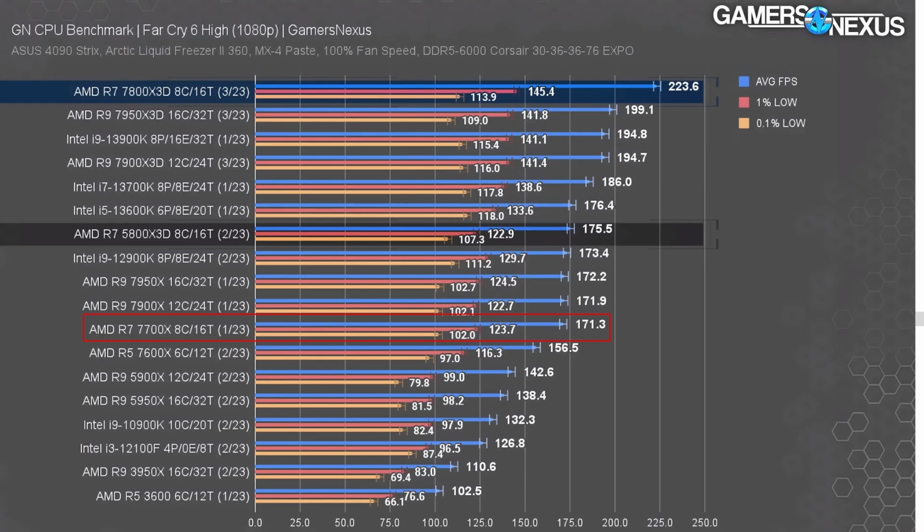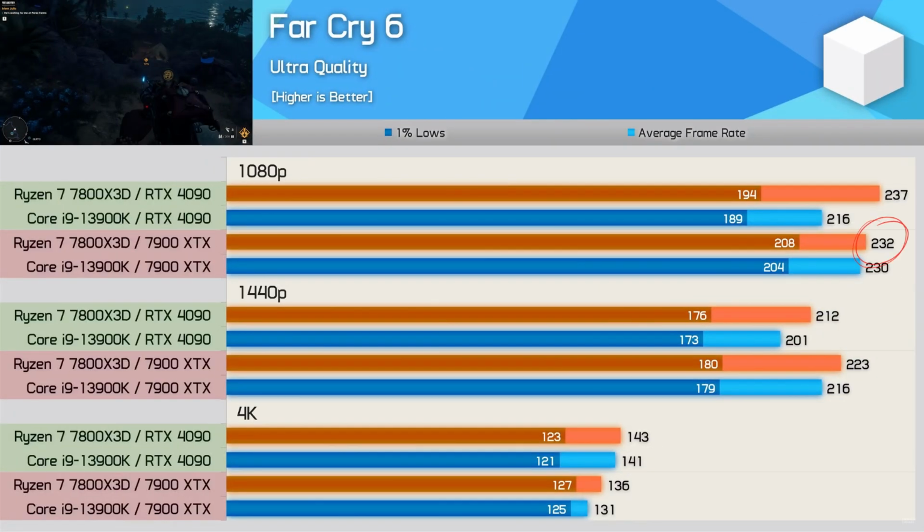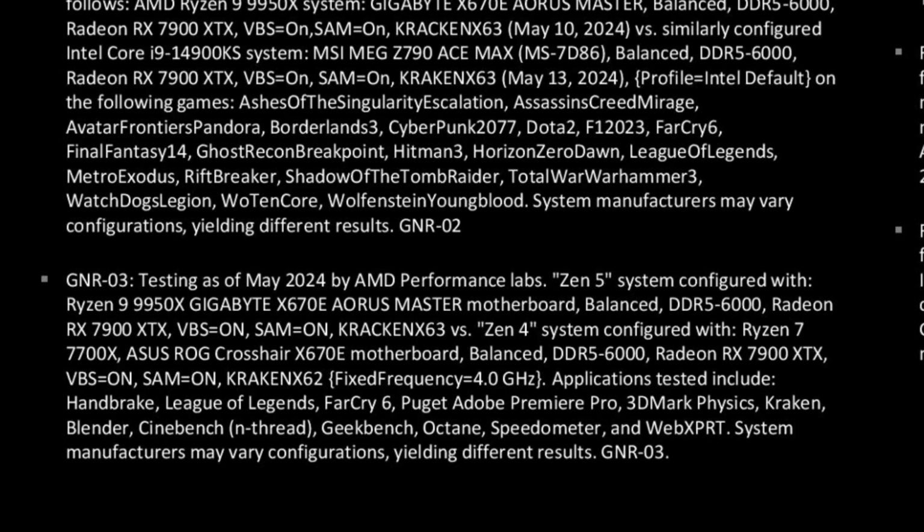We take that percentage and we multiply it by the 7800X3D results that Hardware Unboxed was able to get with the XTX. And if that wasn't enough, we have to go back to the GNR03 notes and take a look at the configuration for Zen 4, and you can find that the fixed frequency is 4 GHz for both Zen 4 and Zen 5, which is exactly how you demonstrate IPC gains.